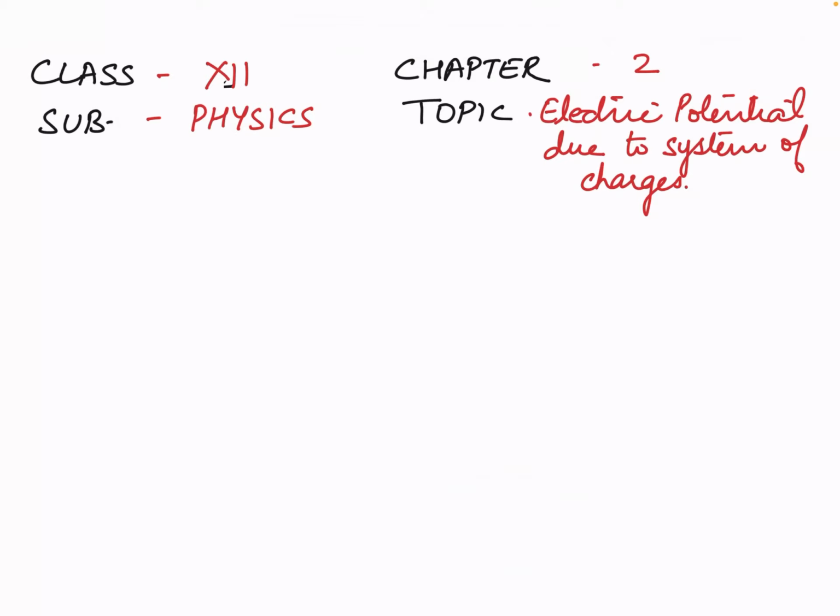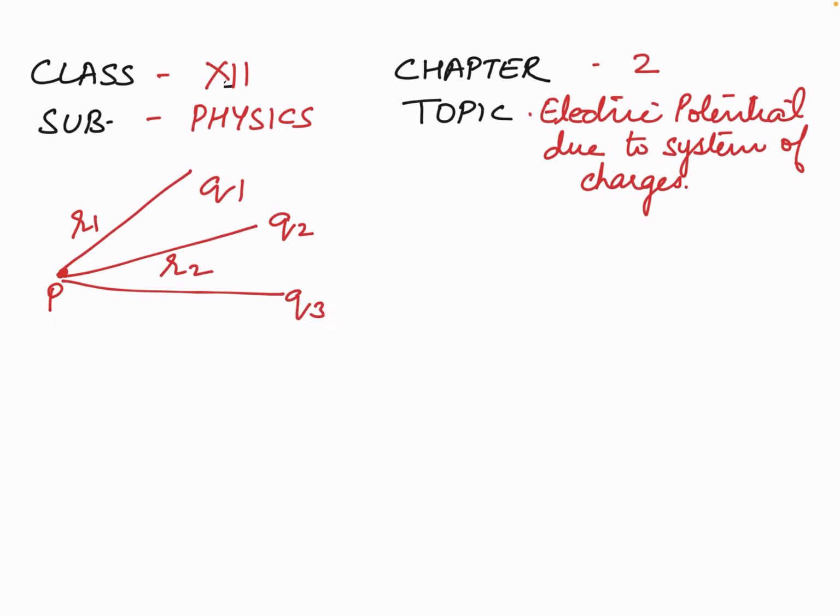Let's suppose that we have n number of charges, say q1 at a distance r1 from point P, q2 at a distance r2, q3 at a distance r3 and qn at a distance rn from point P.